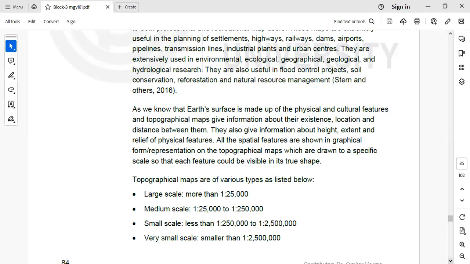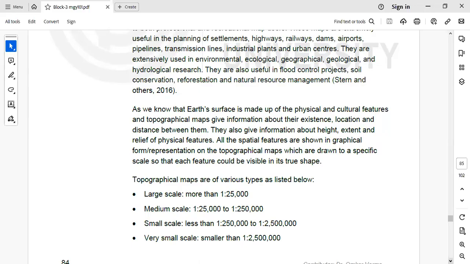So you also know that the topographical maps are of various types: large scale map that is more than 1:25,000 scale. Then we have medium scale map, ranging from 1:25,000 scale to 1:250,000 scale.